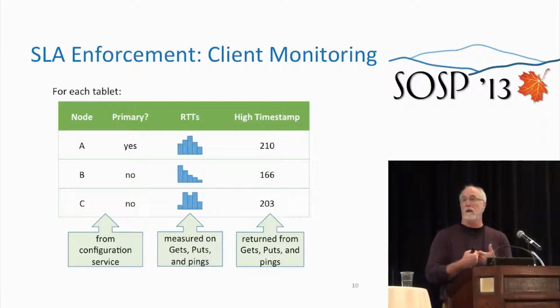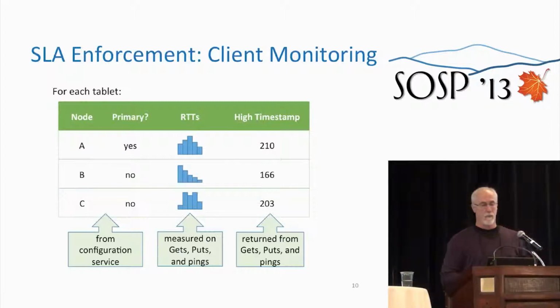So the client takes that high timestamp received from the node and records it locally, so it has a local record of how up to date each of the nodes is. Its local information, of course, may be stale, but high timestamps are monotonically increasing, so at least it provides a lower bound on the freshness of each node. And that's sufficient for our purposes.